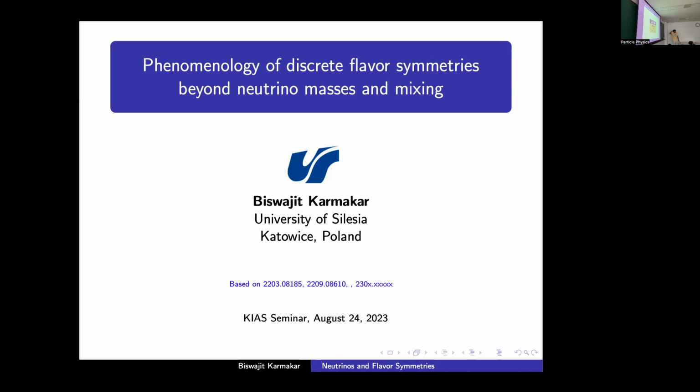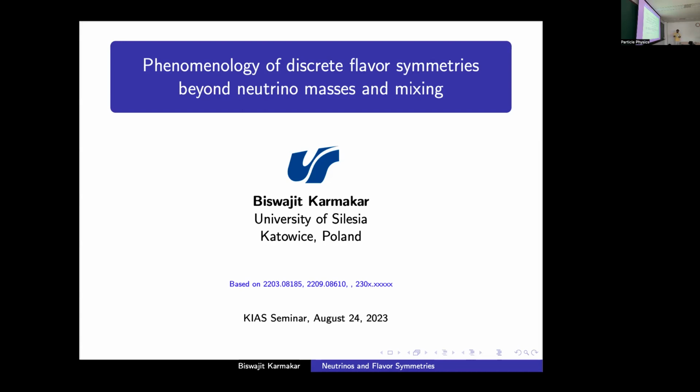But there are some drawbacks which I must mention about flavor symmetry. One is that we do not know the origin of such discrete flavor symmetry. If everyone proposes one discrete flavor symmetric model, it is basically completely random. The other thing is that the particle content is not minimal.